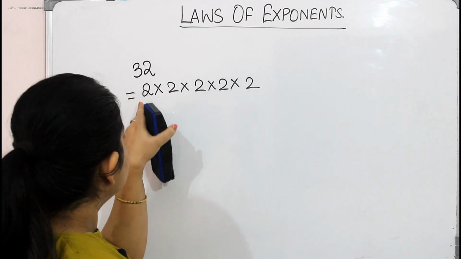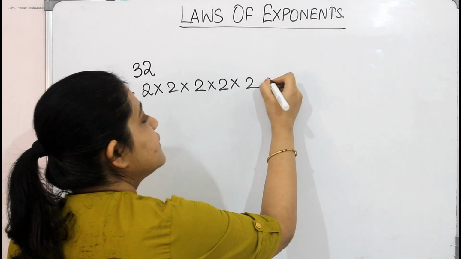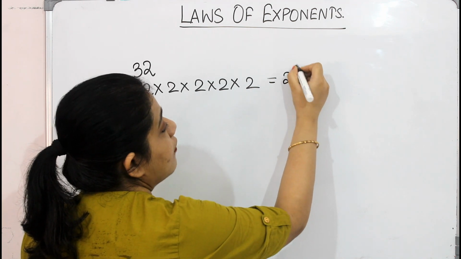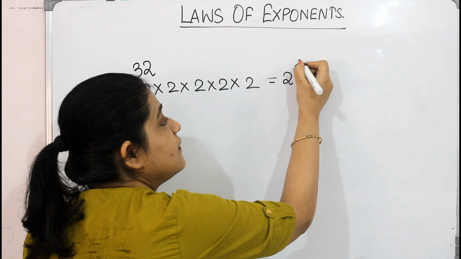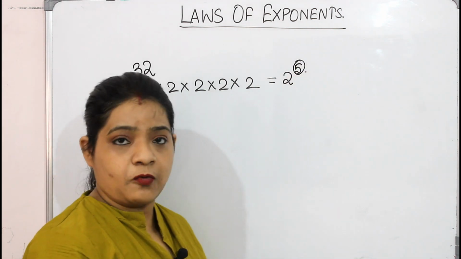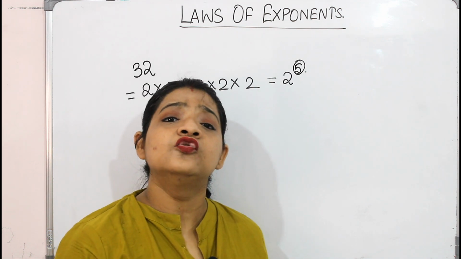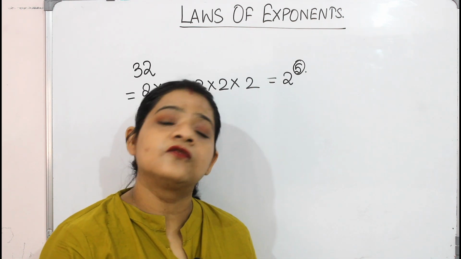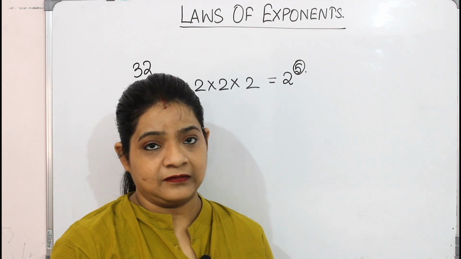So instead of writing 2 five times, I can just write it as 2 to the power of 5. This is called an exponent. Exponents are basically used to indicate repeated multiplication of a number by itself.